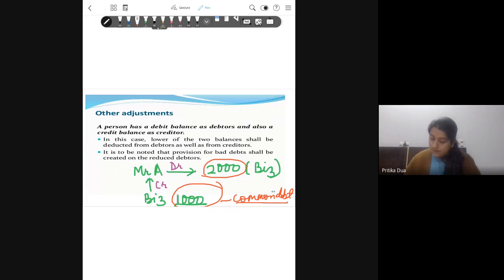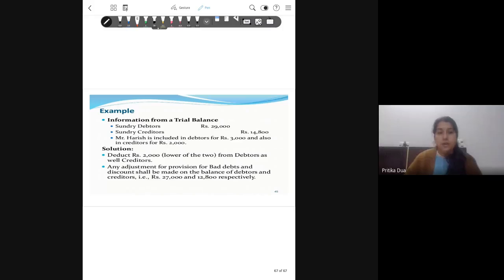Just check if there is, yes, there is one example on this slide. Please have a look. So here you have debtors 29,000, creditors 14,800. Included in debtors, common person Mr. Harish, to whom the business also owes 2,000.